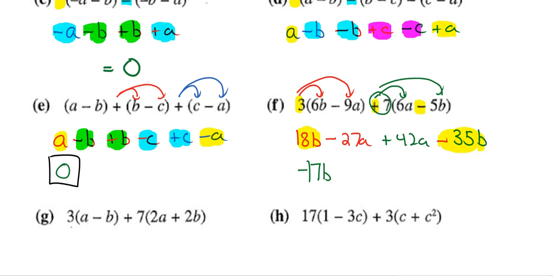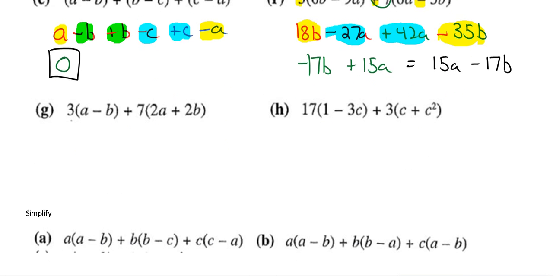And then I have this negative 27a and this plus 42a. So what's 42 minus 27? That's going to give me 15. So this will be plus 15a. And you can also write this as 15a minus 17b. All right, so there it is for question number F.